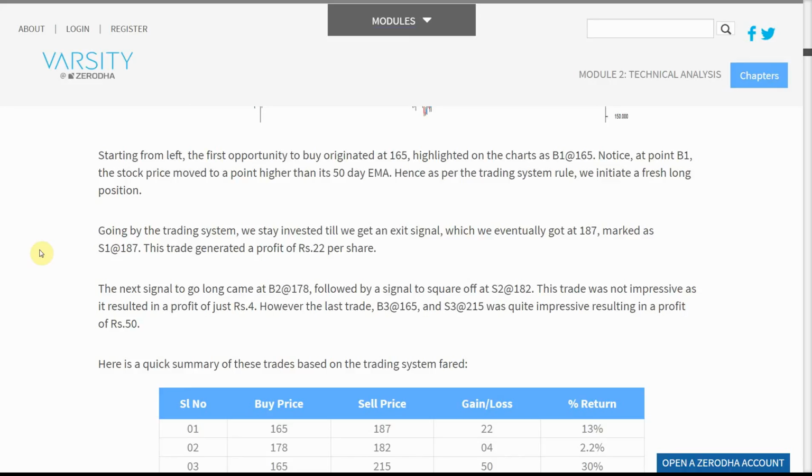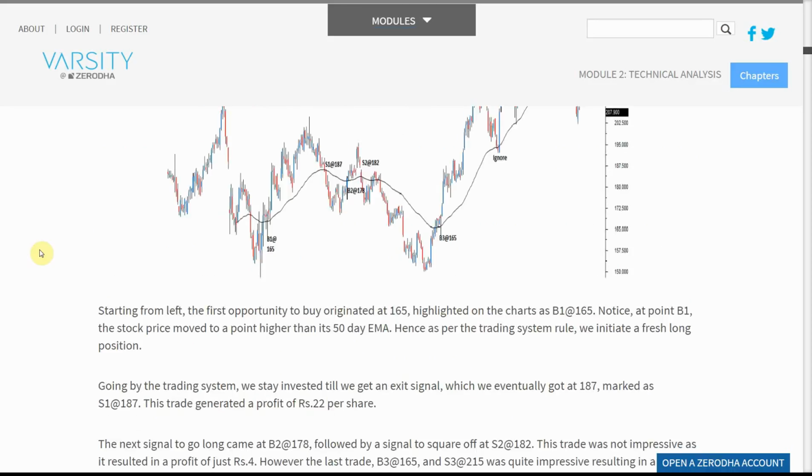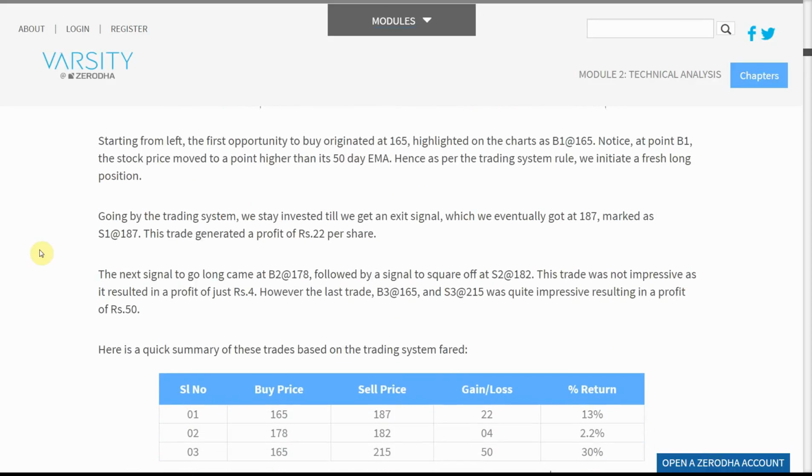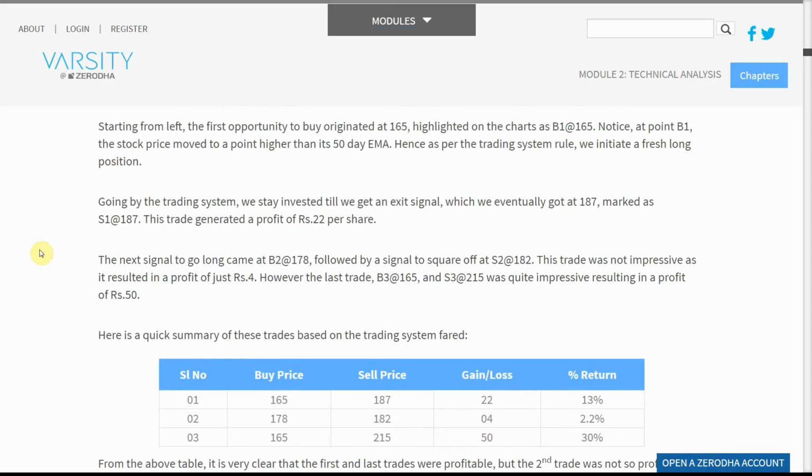The next signal to go long came at B2 at 178, followed by a signal to square off at S2 at 182. This trade was not impressive as it resulted in a profit of just 4 rupees. However, the last trade, B3 at 165 and S3 at 215, was quite impressive, resulting in a profit of 50 rupees.